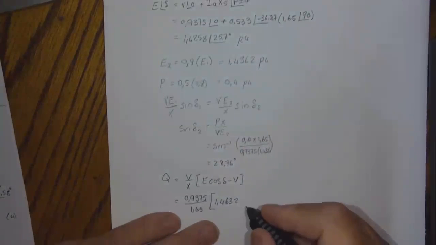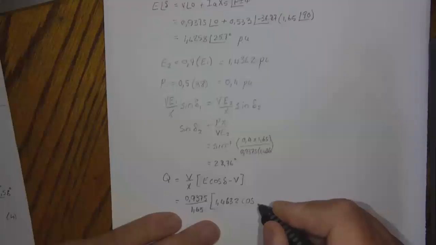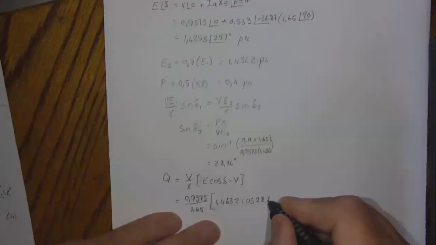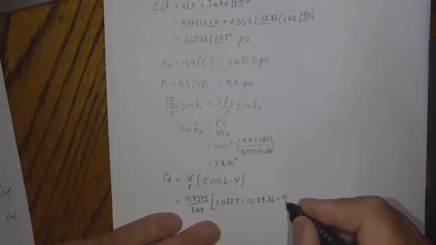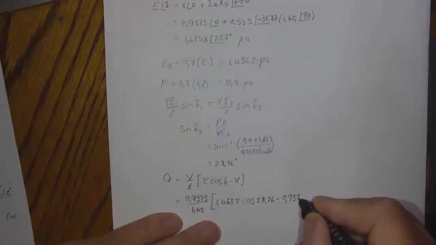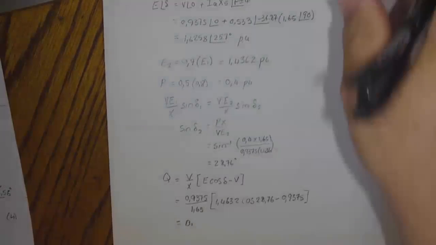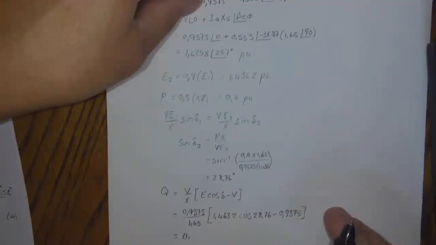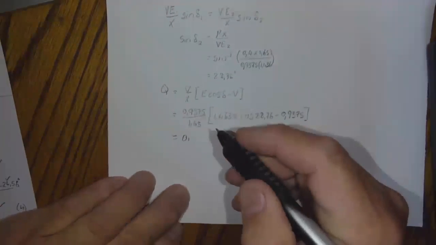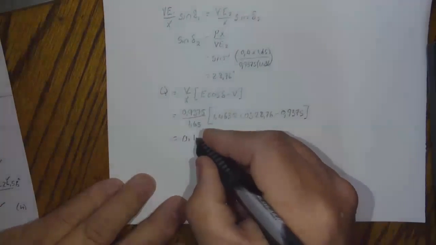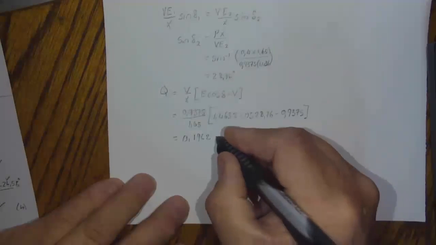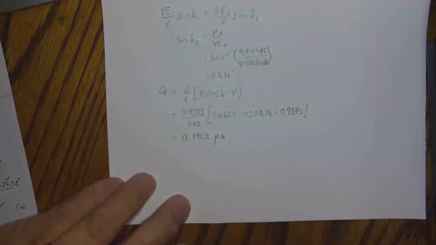Right, but cos of 28.76 minus 0.9375. That gives us a value of 0.1962. Let me just move this paper. 0.1962. Okay. Any questions so far?